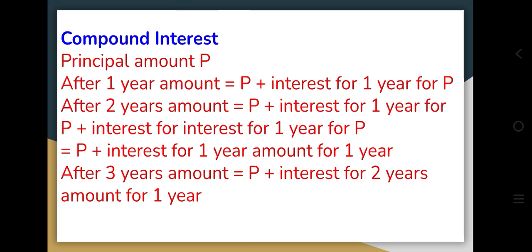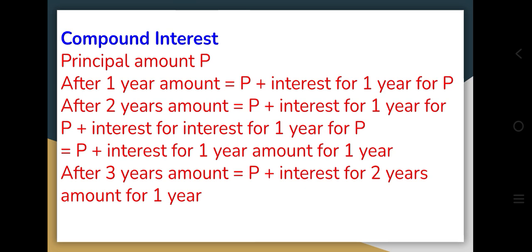So after 2 years, the amount is P plus the interest for 1 year amount, because the 1 year amount is P plus interest for 1 year for P. For that we have to calculate interest. So interest for P for 1 year plus interest for P for 1 year.